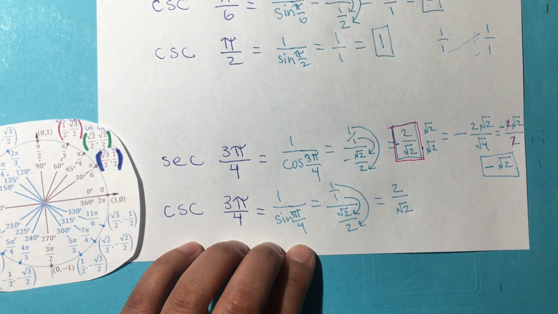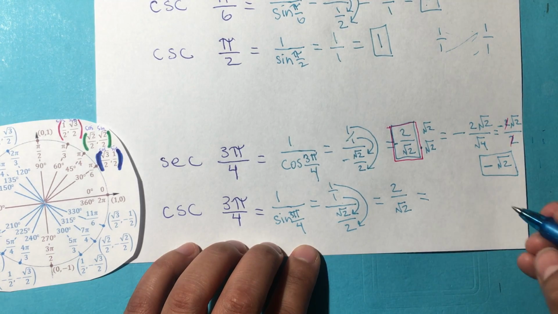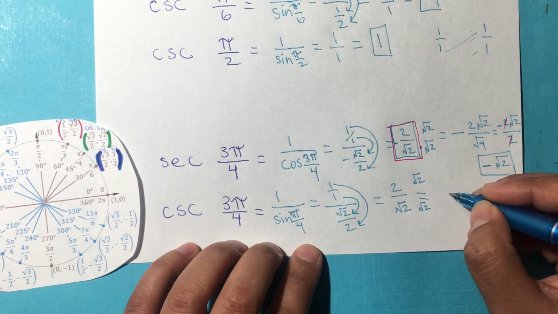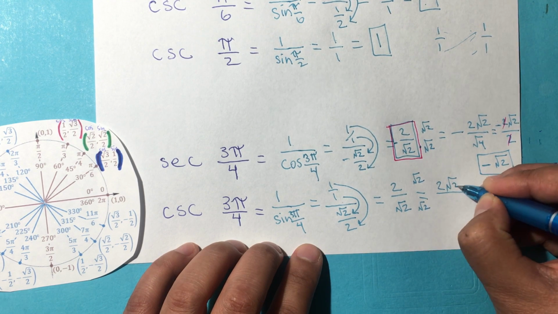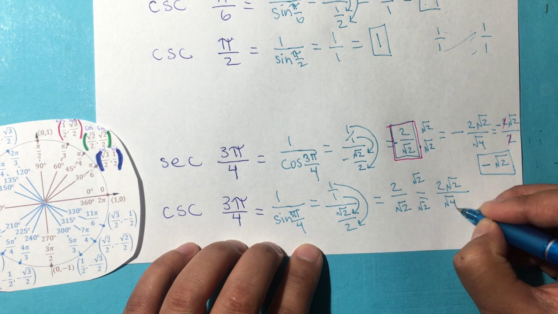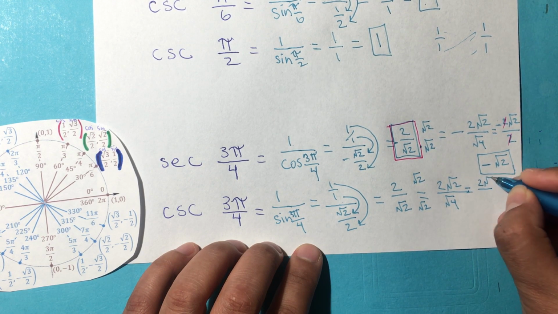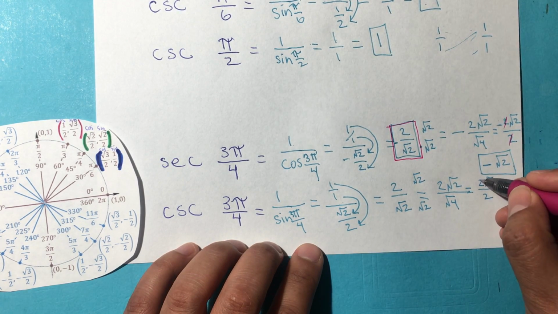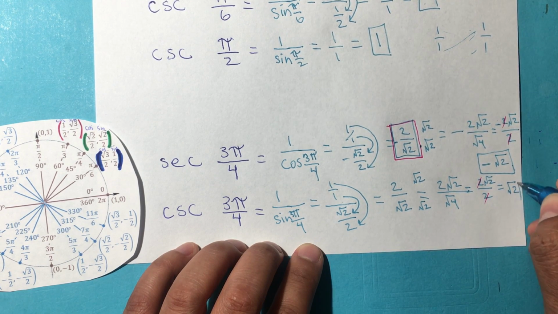And if you realize, the only difference between these two is the negative, but let's multiply them. Times the square root of 2 over the square root of 2. And that equals 2 times the square root of 2 is 2 square root of 2 divided by square root of 4. 2 square root of 2, the square root of 4 is 2. This cancels, and the answer is square root of 2.